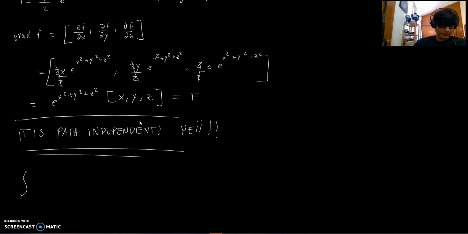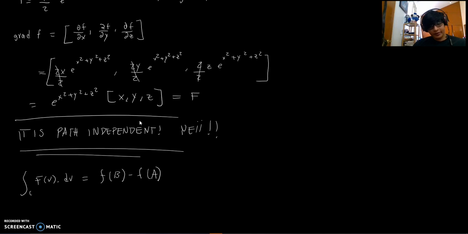So now we can say that the integral can be evaluated as f evaluated at b minus f at a.